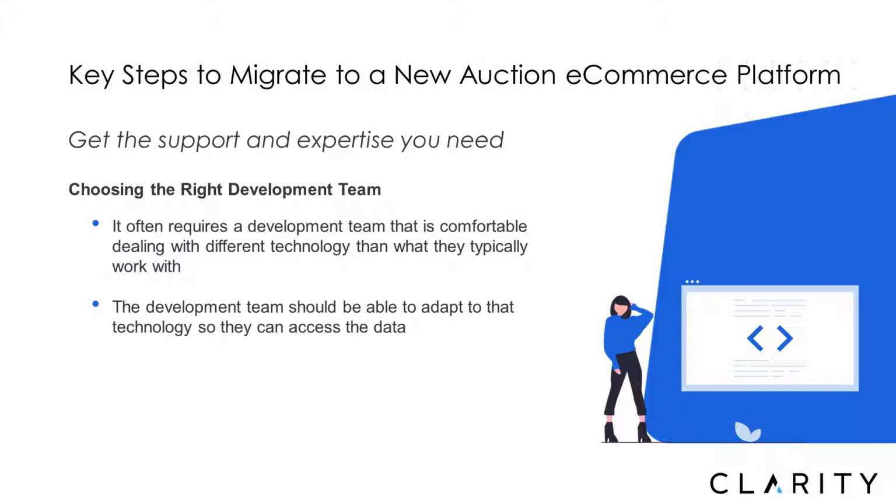And either way, it's incumbent on your future partner and you as the business owner and the overall auction business. It's incumbent on all of us to make sure that there's a seamless process for the end users. We don't want them to have a regression in their experience. So one of the big things that we want to point out here is that there are different technology stacks.